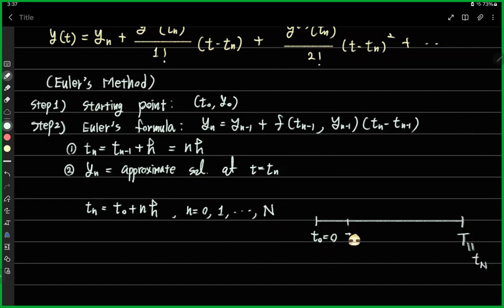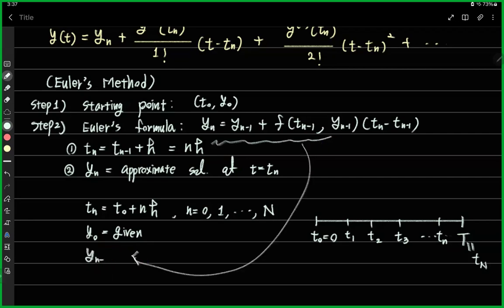Then this is t sub 1, here's t sub 2, t sub 3, and so on, up to t sub n right here. Discretize, in Korean, 이산화. Discretize the time interval into n steps. And y0 is the initial condition, which is given. Then apply this formula here: y sub n plus 1 is equal to something. This is all the formula I gave you, so I'm not going to write it here once again.